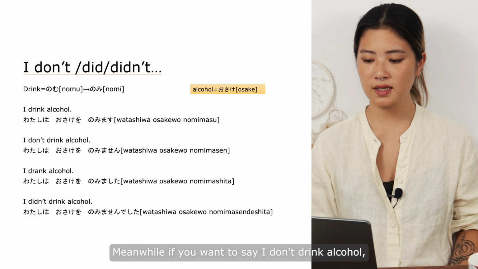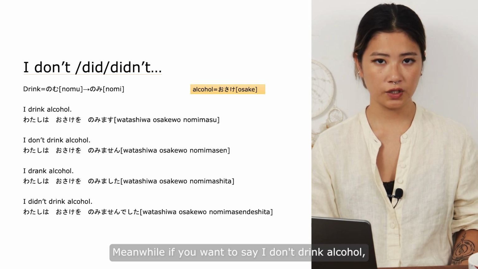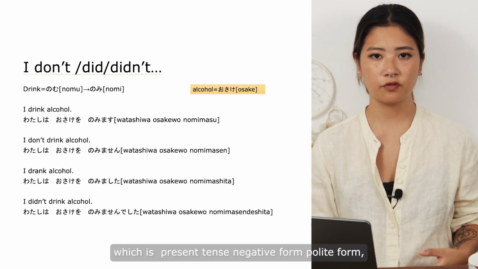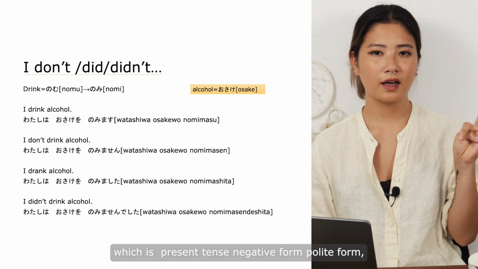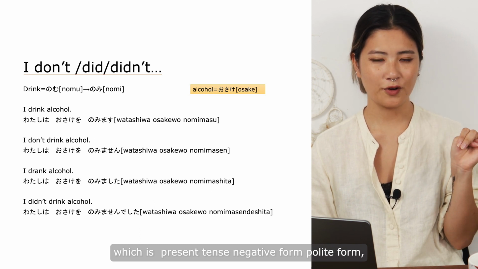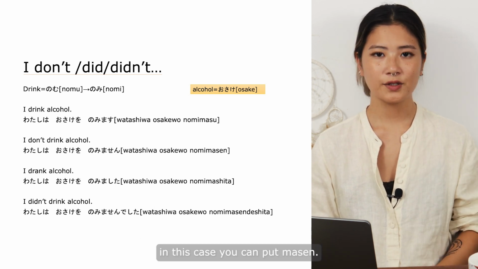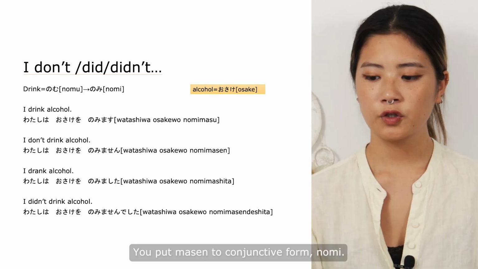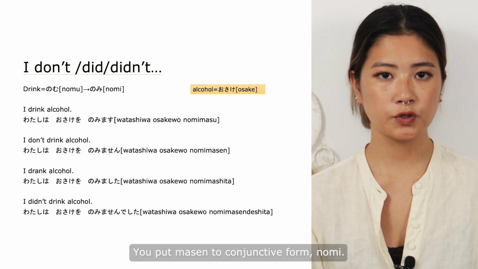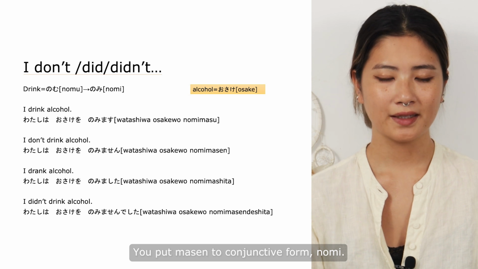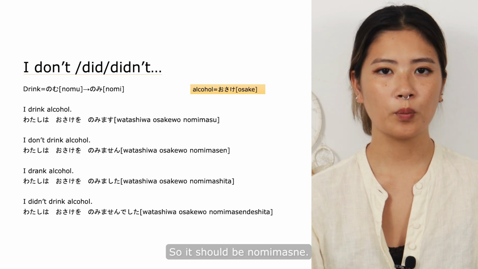Meanwhile, if you want to say I don't drink alcohol, which is present tense, negative, polite form, you put ません to the conjunctive form 飲み. So it should be 飲みません.